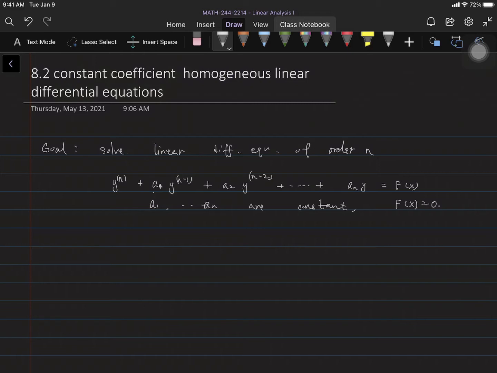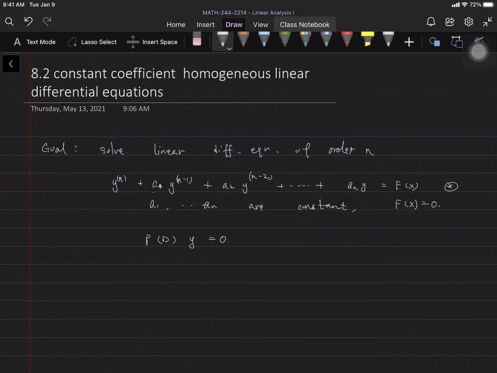Now let's take a look at this homogeneous system. We are going to write this system in operator form. We did that in 8.2. That means we are going to put this into P(D) y equals 0.